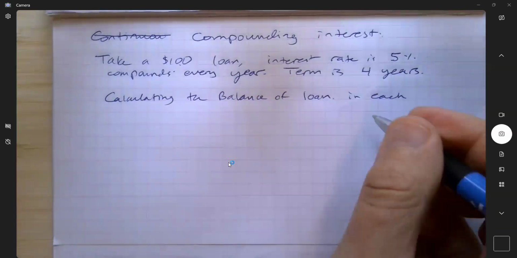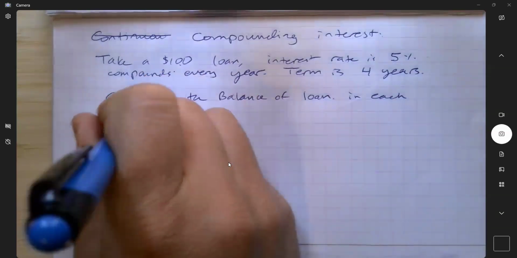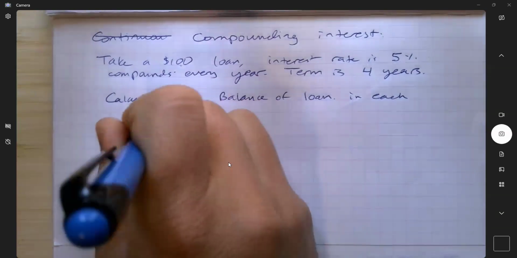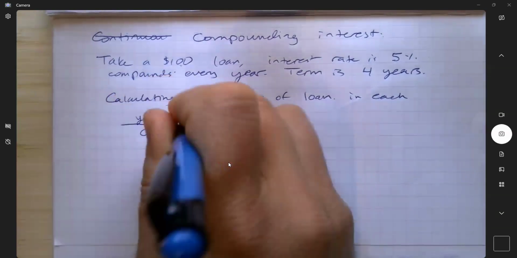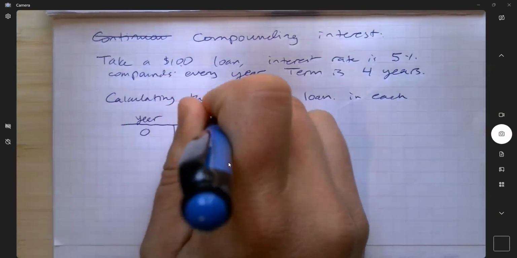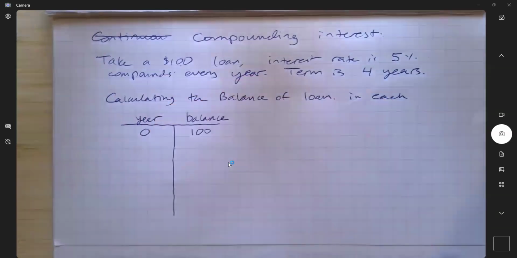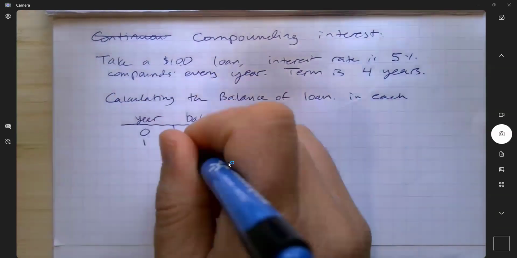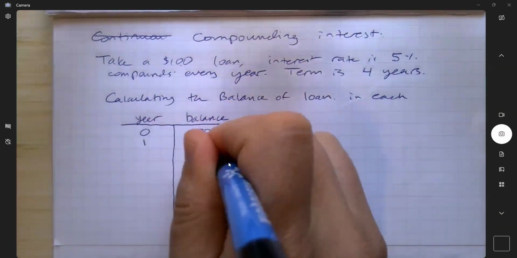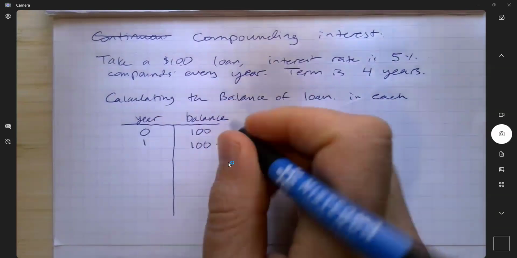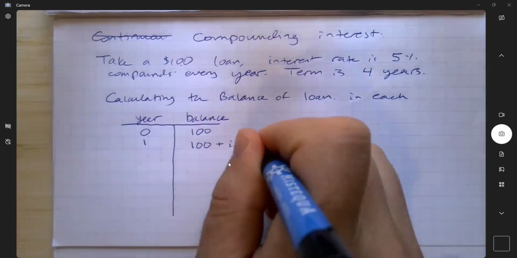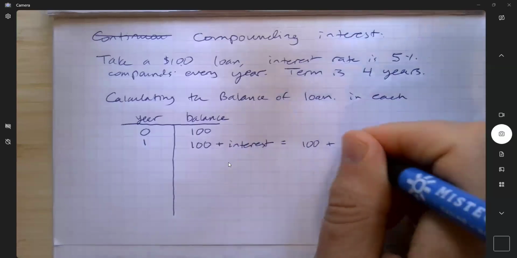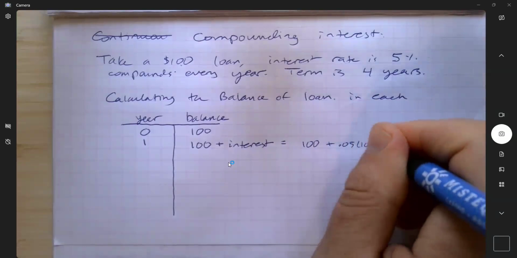So if I want to know how much the loan is worth, or what's the balance of the loan right at the beginning? Well, no interest is accrued, so it's $100. Now, after 1 year, I'm going to take that balance and I'm going to add to it that little bit of interest, which is 100 plus 0.05 times 100.